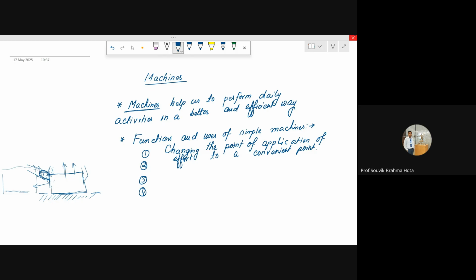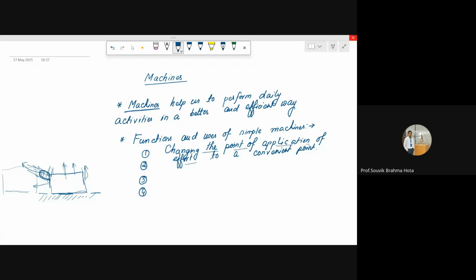Initially you were applying force in this way, now you are applying force in this way. That means you change the point of application of effort. Earlier you were giving your effort at 2 points, now you are giving your effort at 1 point. So we can conclude that you are changing the point of effort.